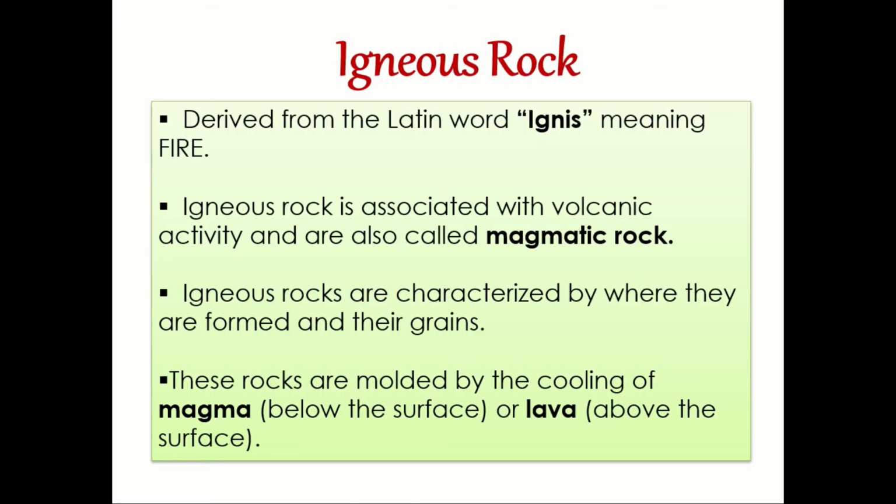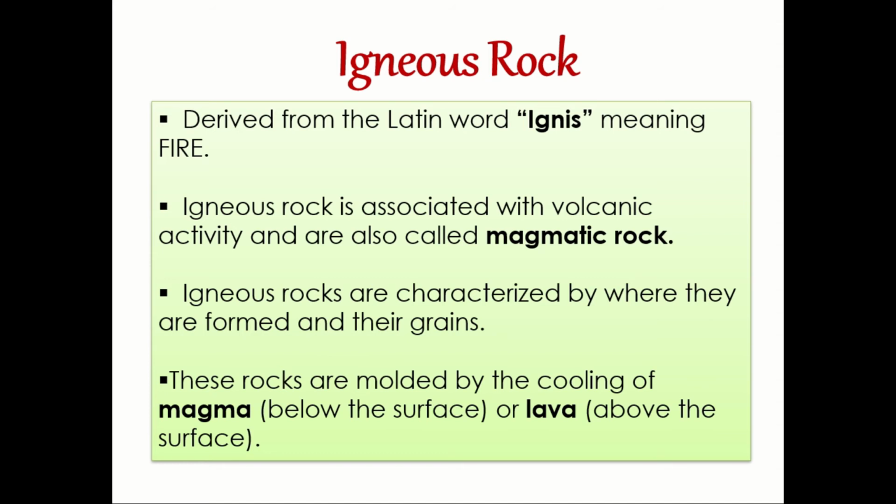Okay. But there are three types of rocks, like we have encountered last time. Now we're going to talk about these three types of rocks and the processes they underwent to form. First is the igneous rock, derived from the Latin word ignis, meaning fire.